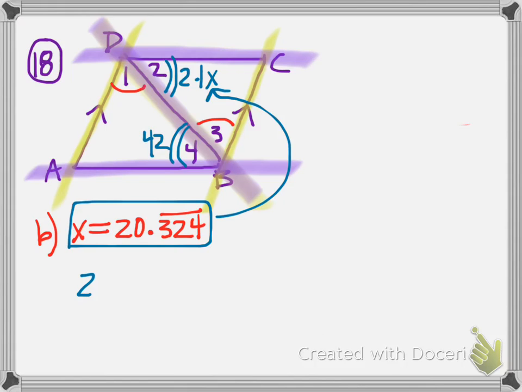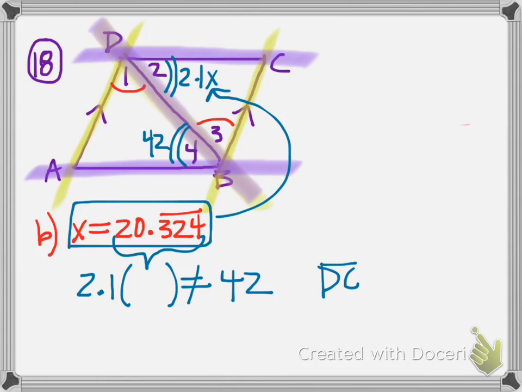But if I multiply 2.1 times that number, it does not equal 42. So what that means is DC and AB are not parallel.